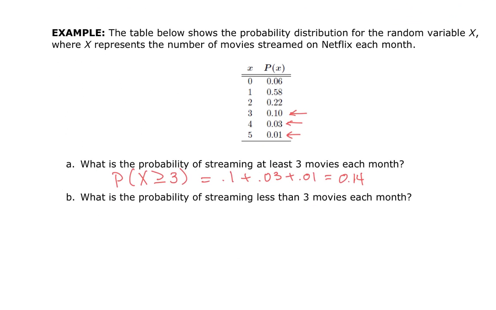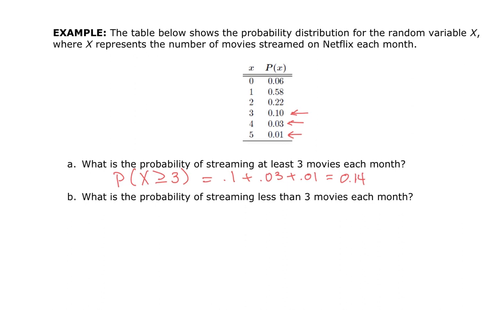So what is the probability of streaming less than 3 movies each month? Well, the probability of X less than 3 is going to be 1 minus the probability of X being greater than or equal to 3, which is 1 minus 0.14, which is equal to 0.86.